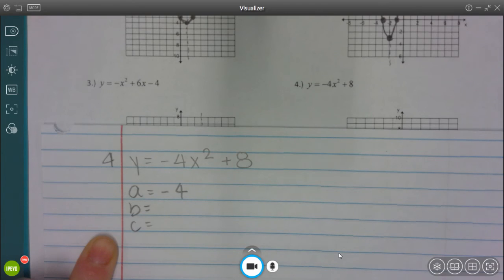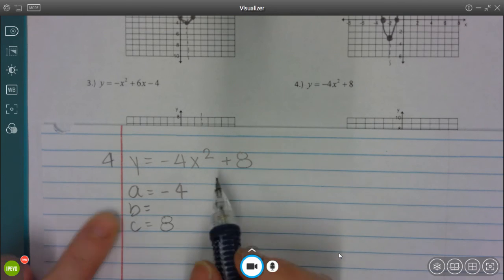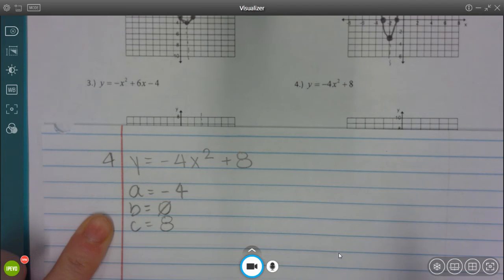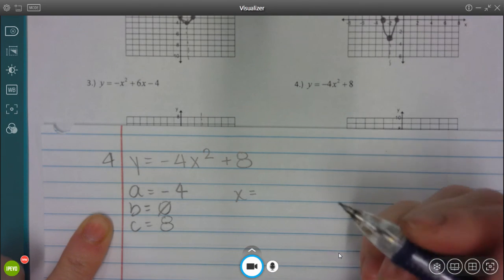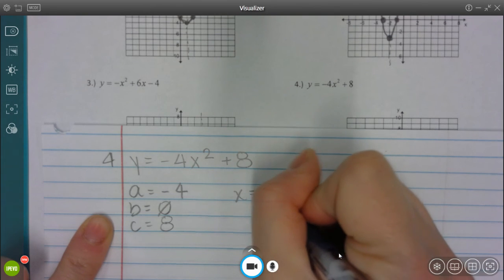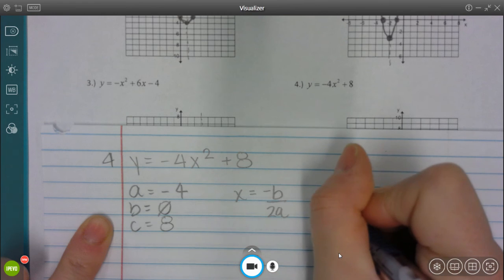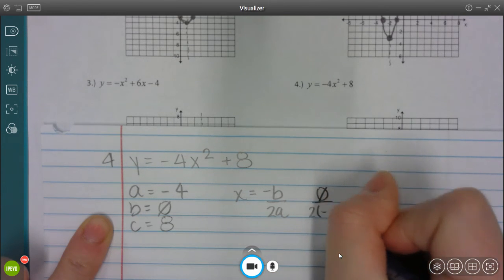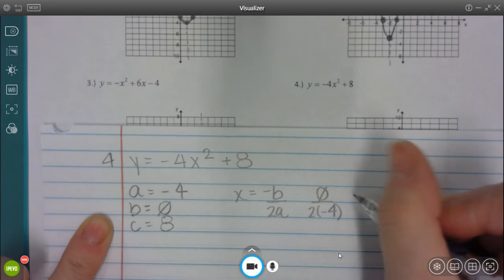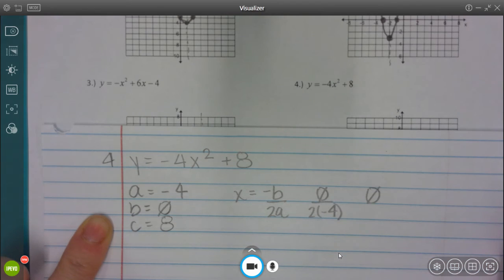Come on, document camera. So my a value is negative 4. My constant is 8. There is no b value, so I know my b value is 0. So now when I go to try to find my axis of symmetry, I'm going to have 0 over 2 times negative 4, which is just going to be 0.